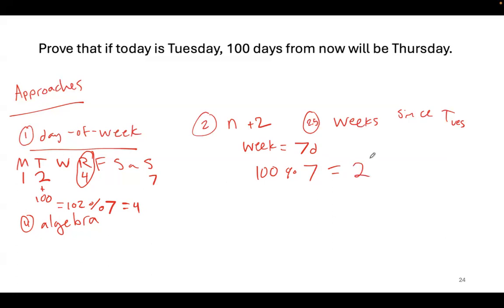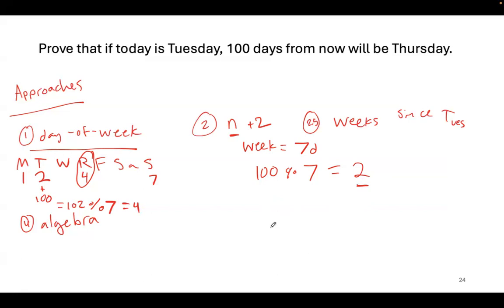So we get 2 as the result of the modulus. And so if today is day n, then however many days we're looking for, we just divide that by 7, look at the remainder, and that gives us n plus 2. And since 2 days from Tuesday is Thursday, then this is Thursday.